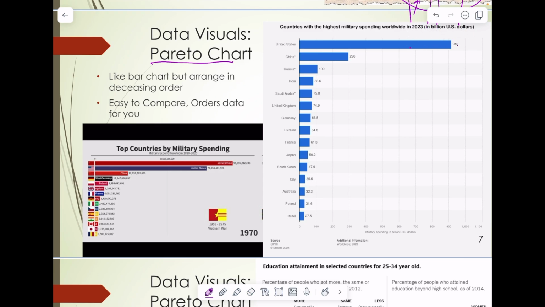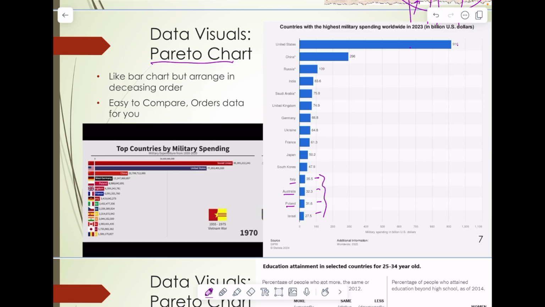The largest proportion is at the top, and then it goes down from there. This allows you to compare similar values much more easily. If these numbers weren't here and this was in alphabetical order by category, it would be very difficult to tell which one was bigger, Australia's military spending in 2023 or Italy's or Poland's.